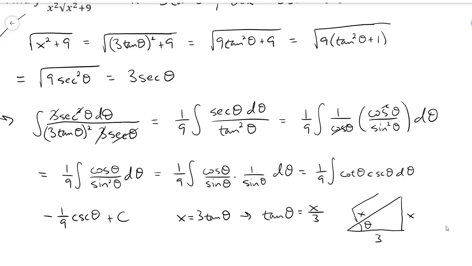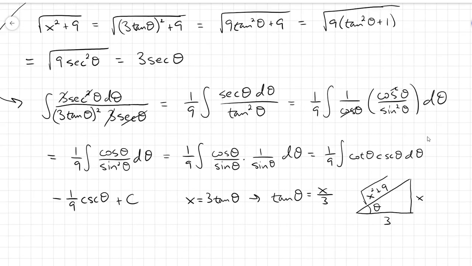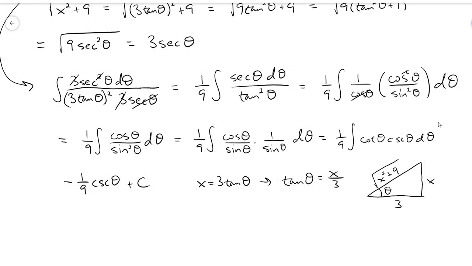And that makes the third side be the square root of x squared plus 9, which if you notice is the same as the term that we had in the original integral up here, x squared plus 9 right there. That pretty much always happens. I haven't seen a case where it doesn't. And then that means that negative 1/9 cosecant theta is going to be equal to negative 1/9 times the cosecant of that angle that we just drew over there.